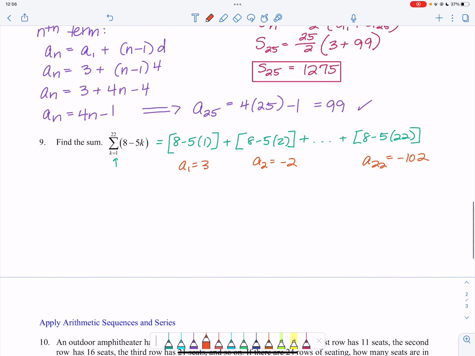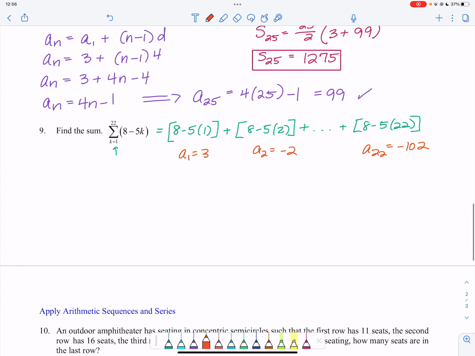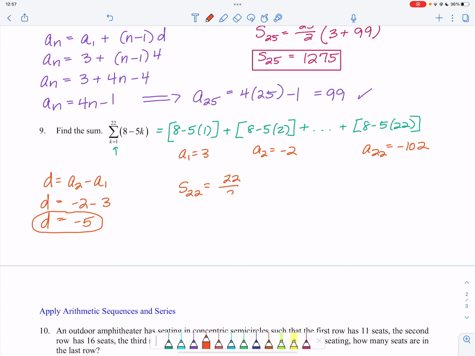So now what we can do is first find that common difference, which is a sub 2 minus a sub 1, which is negative 2 minus 3, which is a negative 5. And now we can come up with S sub 22. That's going to be 22 over 2 times a sub 1 plus a sub 22.